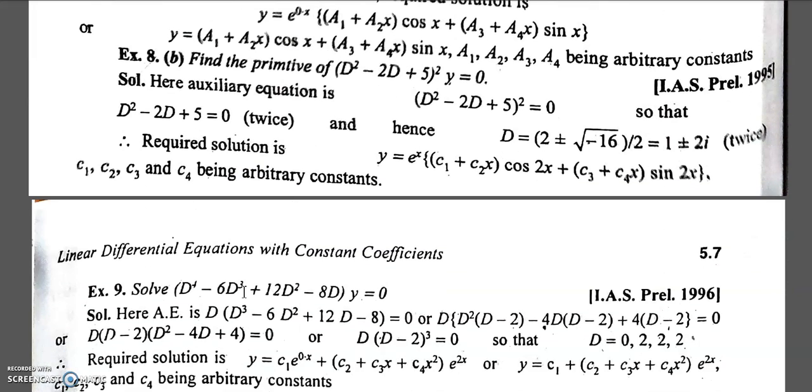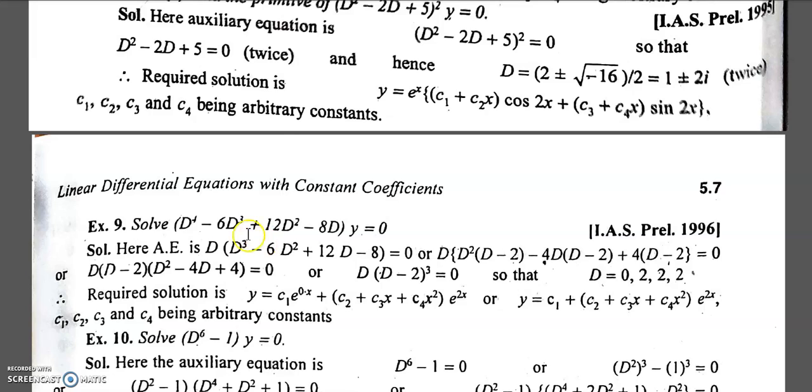Okay, so here a fourth order equation is given. If you take d common, then you will get d cube minus 6d square plus 12d minus 8, and you need to solve it, right? If you put d equal to 2, then the left hand side becomes 0.